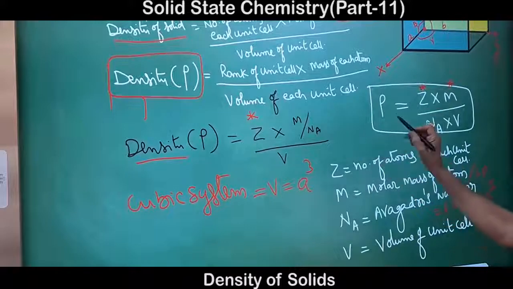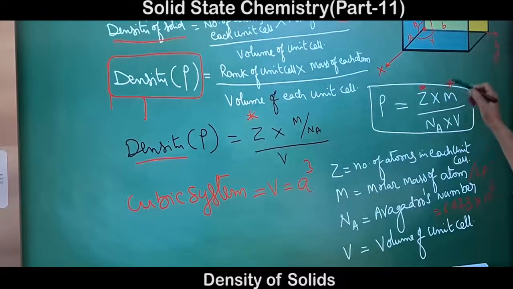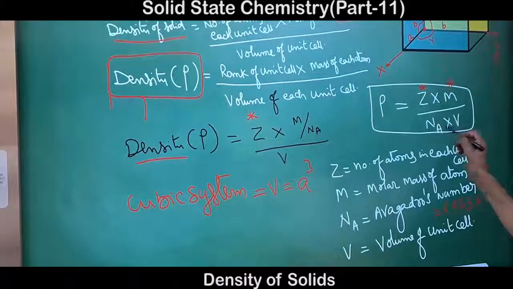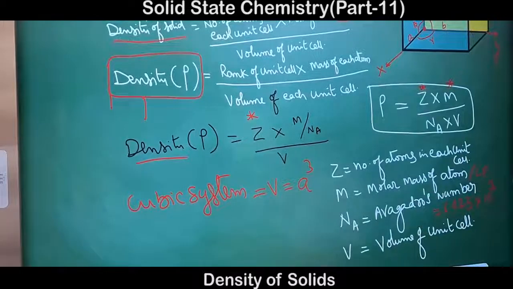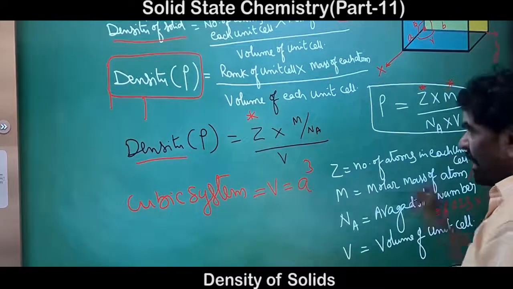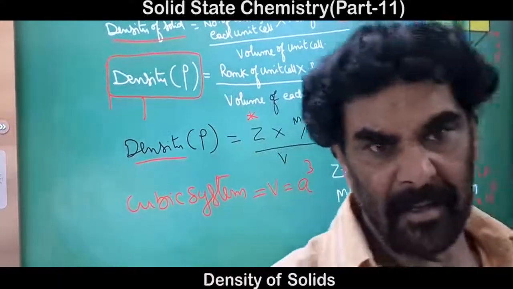So overall, the density is equal to the rank of the unit cell times the molar mass of the lattice point, divided by the Avogadro number times the volume of the unit cell, which is expressed in terms of the edge lengths. V is equal to A cube for the simple system.